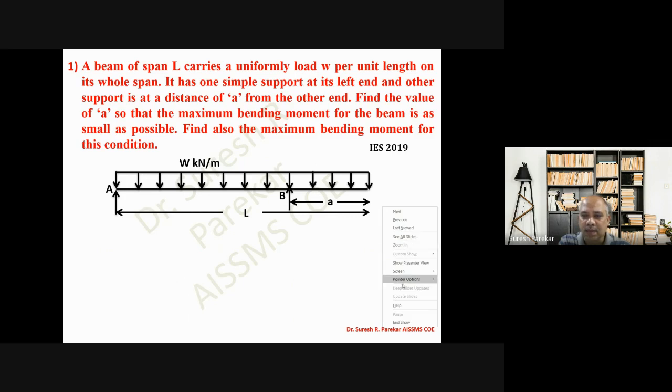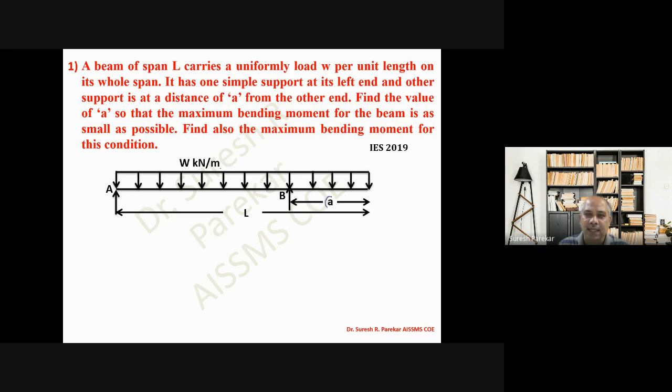We have drawn this as per the problem: beam of length L carries a load W kilonewton per meter on its whole span. It has one simple support at its left end, and another simple support at a distance A from the other end. Find the value of A.